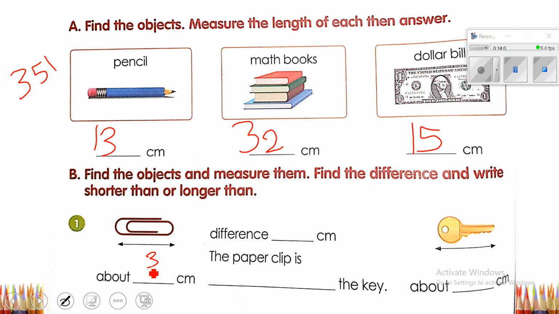And we want to find the key measurement. I will not measure the key here, I bring a real key. The key is about double the paper clip. It's 6. Now the difference between 3 and 6, what is it? Perfect, 3. So the difference is 3. Is the paper clip longer or shorter?